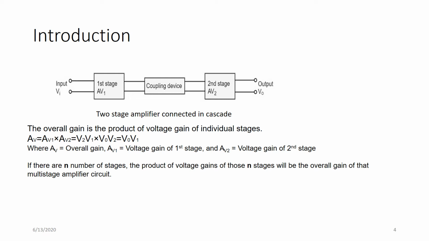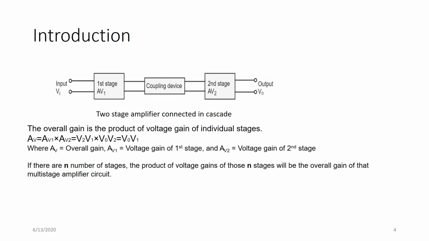a product of V1 over Vin and V0 over V1, where V1 is the output voltage at the first stage, and V0 is the output voltage at the second stage.